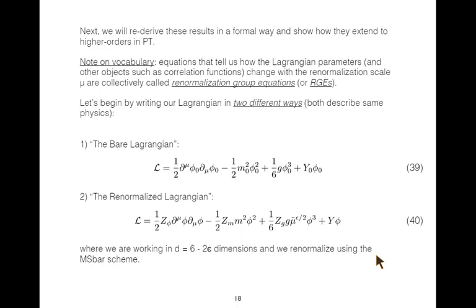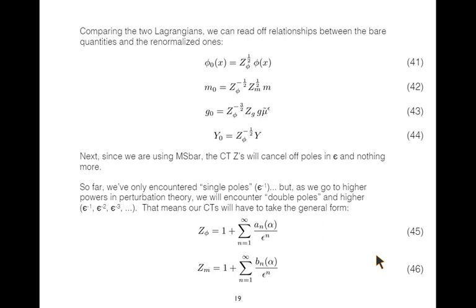You've got this mu scale that we've rescaled our coupling with so that it's dimensionless in whatever dimensions we're working in. Here we're working in 6 minus 2 epsilon. The important point is we're using the MS bar scheme, and probably all the way through next semester we'll use the MS bar scheme. It's the most handy and easiest to work with.